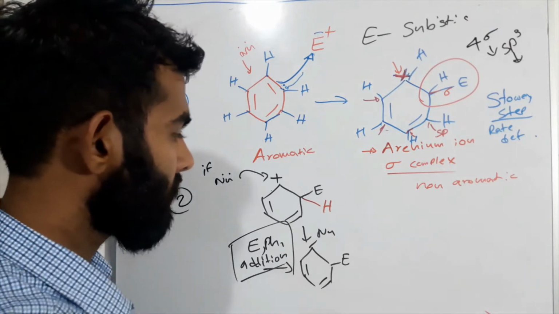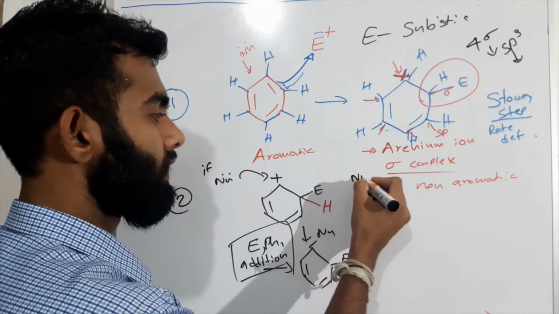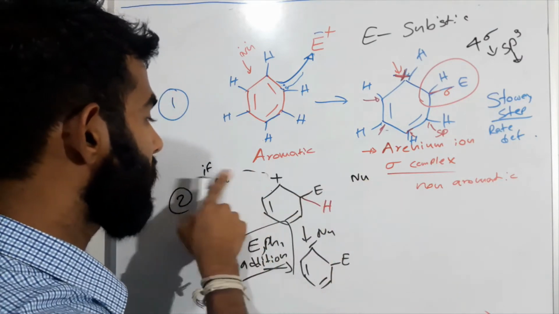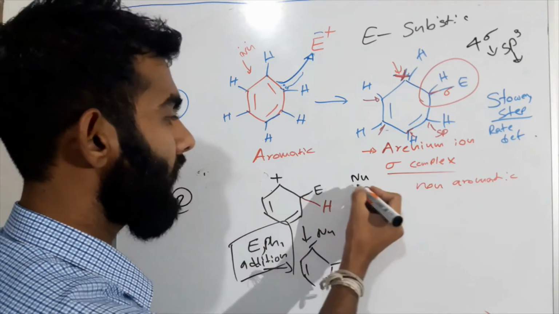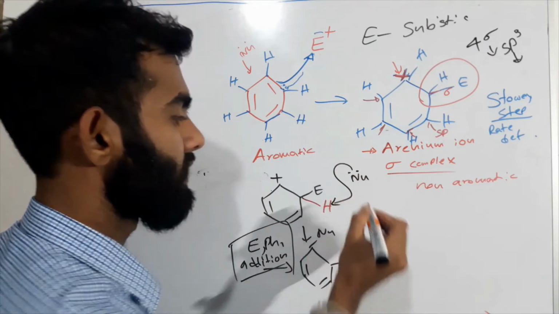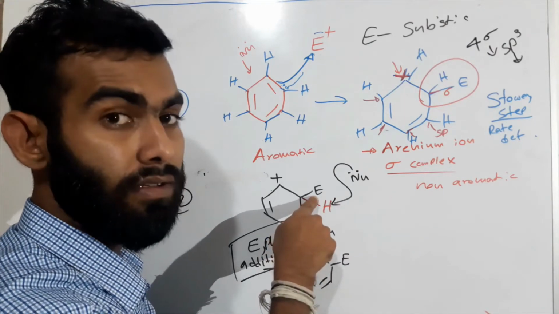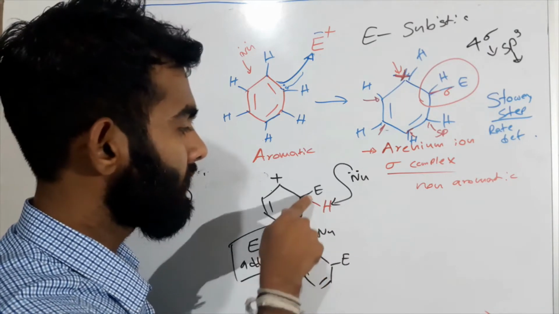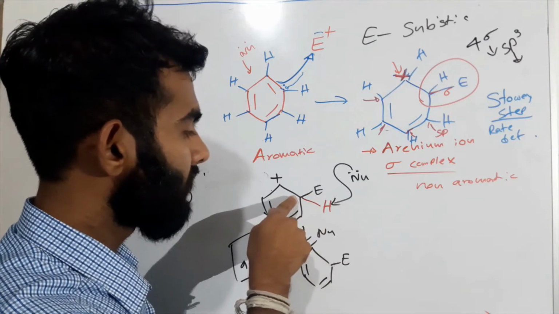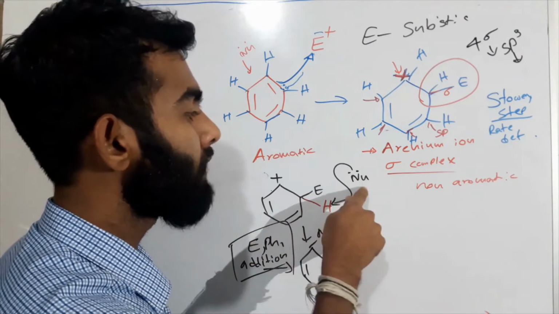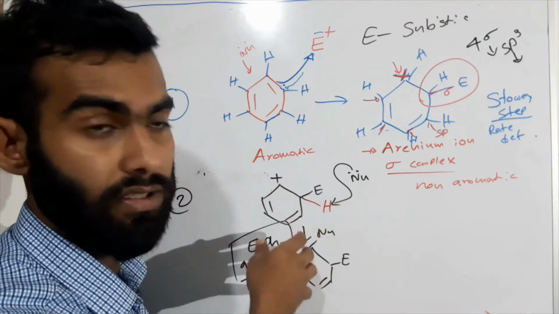But here the nucleophile doesn't attack this positive charge. It will attack the hydrogen that is bonded to the electrophile-bearing carbon. Here the electrophile is bonded to this carbon, the same carbon is bonded to hydrogen, and the nucleophile will attack that hydrogen, not the other hydrogens.